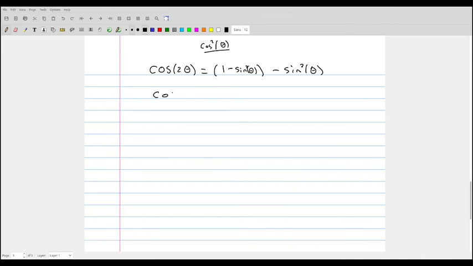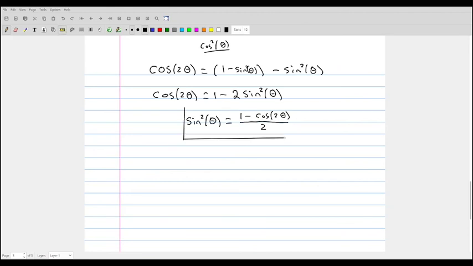Then this gives us that cosine of 2 theta is equal to 1 minus 2 times sine squared of theta. And if you solve for sine squared of theta here, you get that sine squared of theta is the same thing as 1 minus cosine of 2 theta, over 2. So this is the other power reduction identity. It gives you sine squared in terms of a lower power of cosine.